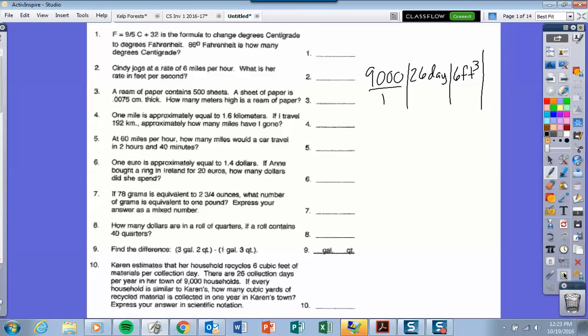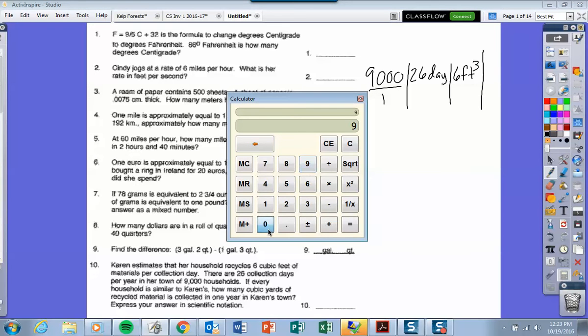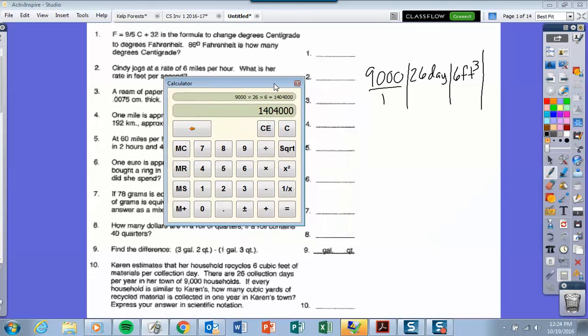If I do that, 9,000 times 26 times 6, what that gets us is 1,404,123 cubic feet of garbage or recycling per year.